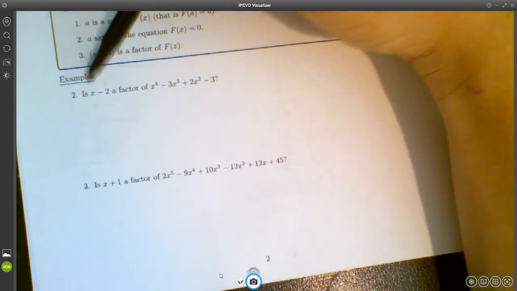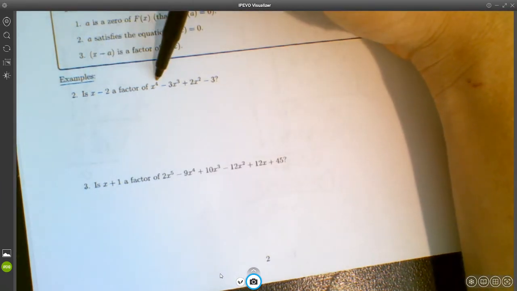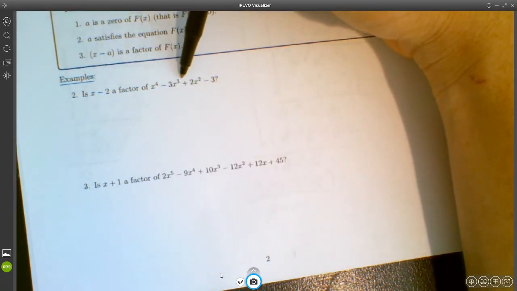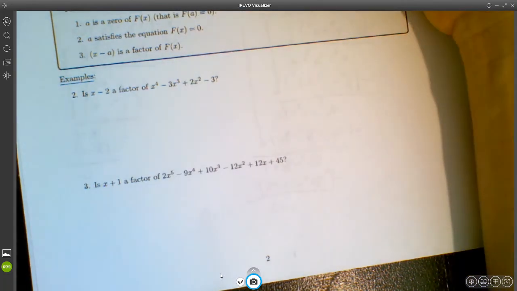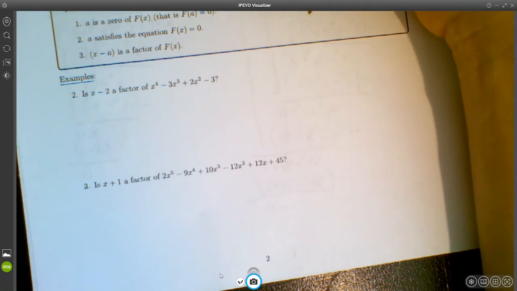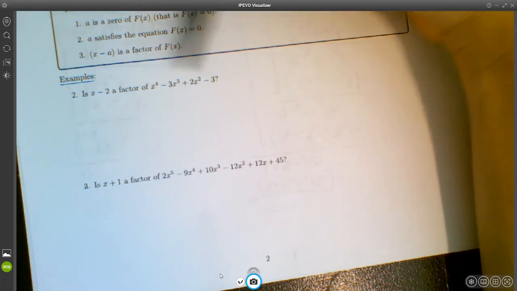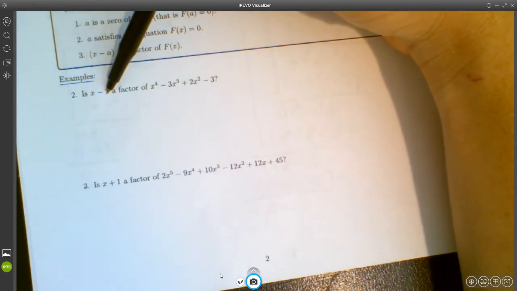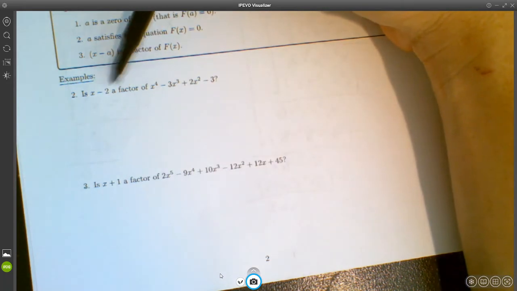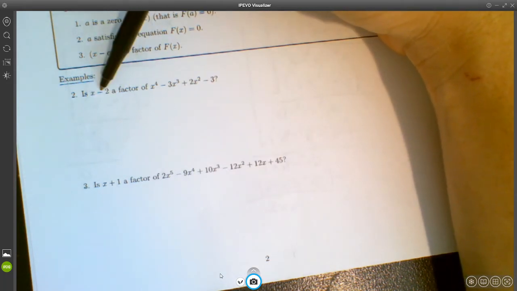So is x minus 2 a factor of x to the fourth minus 3x cubed plus 2x squared minus 3? Well, there are a couple ways that you could figure that out. One thing you could do is divide this polynomial by that polynomial, and if you get a remainder of 0, then yes, it would be a factor.